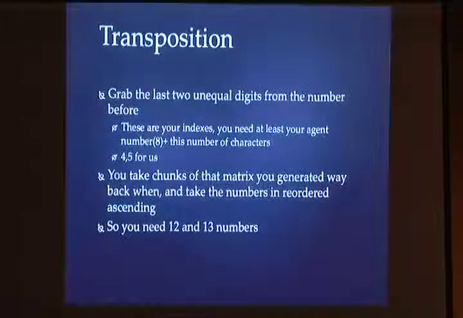Now, you take the matrix you generated way back and take the numbers, grabbing 12 and 13 characters in order. So you grab columns in order from 0 to however far until you get 12 characters for the first string and 13 characters for the second.